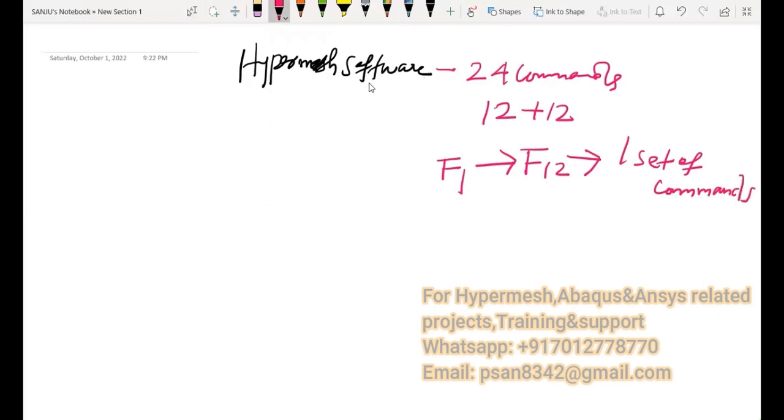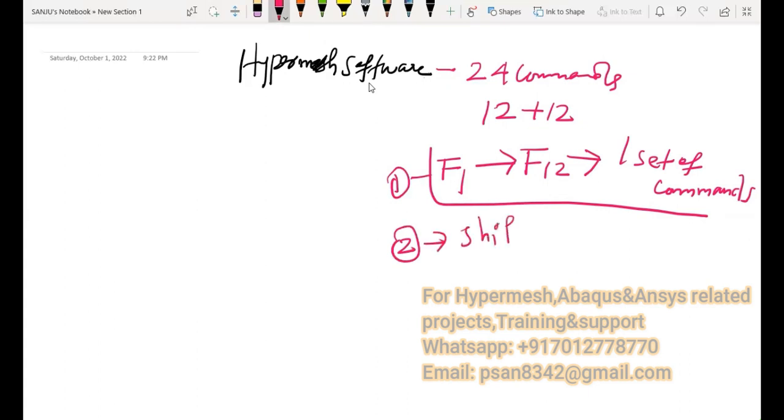The second set is Shift plus F1 to Shift plus F12.